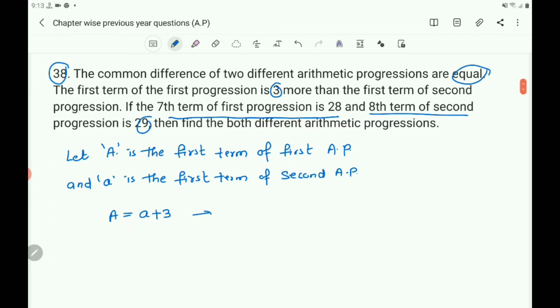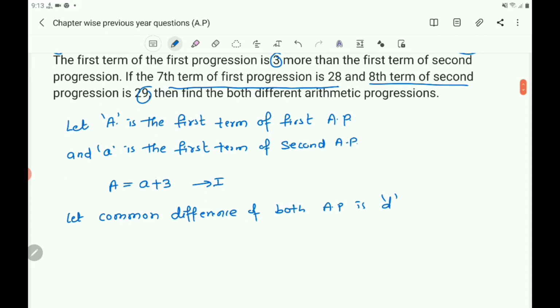Now consider this as the first relation. And let the common difference of both APs be d.